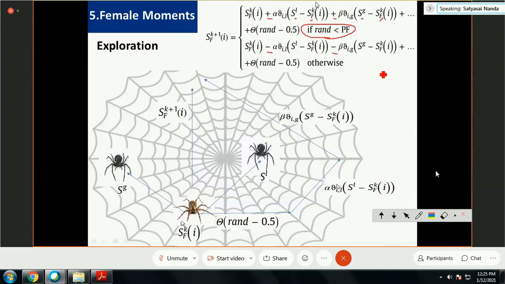Otherwise, if it does not want to socialize and wants to isolate itself, it will deny both the factors from the local as well as the global vector. So both update equations are negative in this case. That is how the movement of the spider occurs.